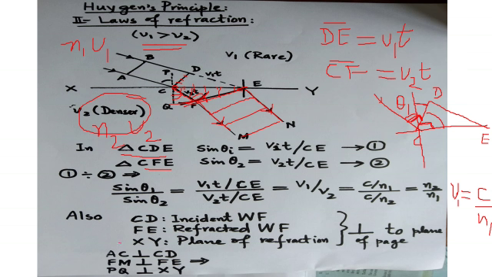So the incident ray, refracted ray and the normal at the point of incidence, these three are perpendicular to the same lines, which means that these three lie in the plane of the page. And this completes the second part of the law of refraction.